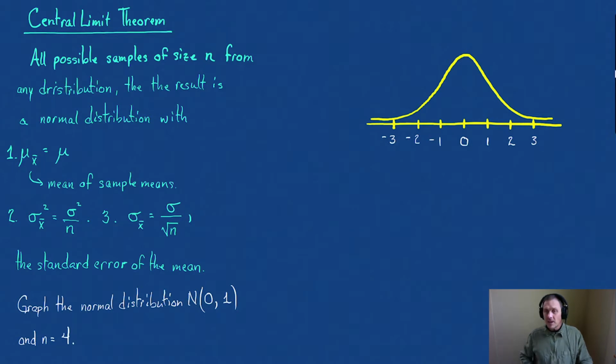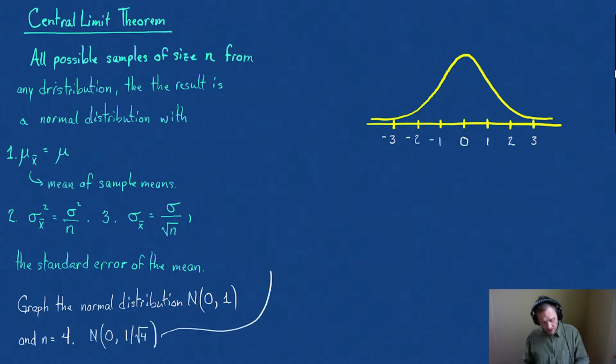So groups of size 4. So really, I should have written this as the normal distribution of 0, 1 divided by the square root of 4. That's what this formula says, right there.